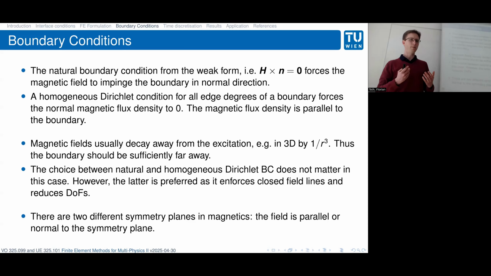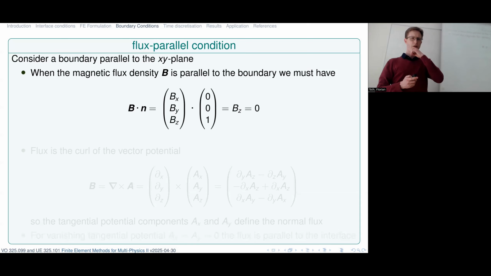Also, remember that in magnetics there are 2 different symmetry planes. We can have fields parallel to the boundary and fields normal to the boundary. So let's look at the example of the flux parallel condition.